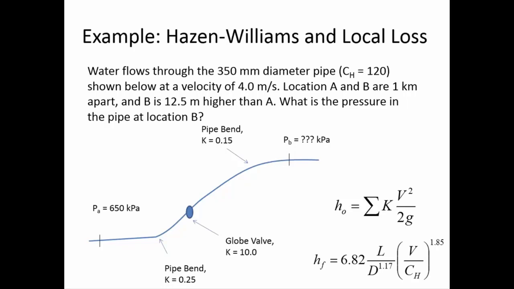If you had different diameters and different velocities, you'd have to keep track of it separately. But in this case, this summation term means that if you've got the same velocity for all 3 of those local losses, you can just add up the K values and multiply that summed K value by the velocity head one time. So we use this to calculate the effect of the local losses, and here is the Hazen-Williams equation expressed in terms of energy loss due to pipe friction.